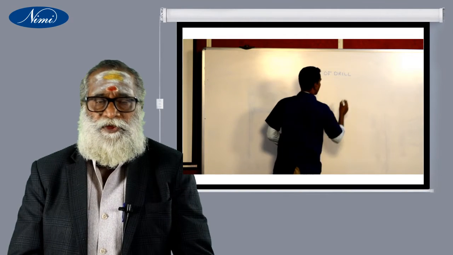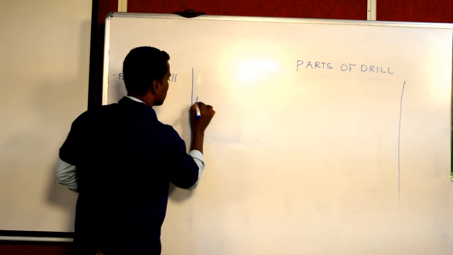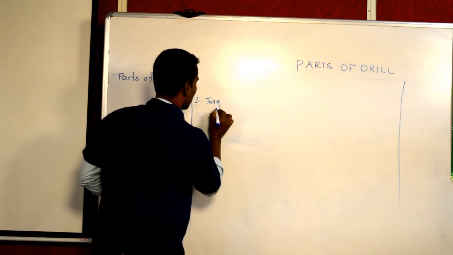Then another point, the explanation of the drill is to be clear. It is not so correct. You have to give your explanation in a correct way, and then he wrote the parts of the drill bit. While writing the parts of the drill bit, on the side he is seeing the chart. That is not correct.